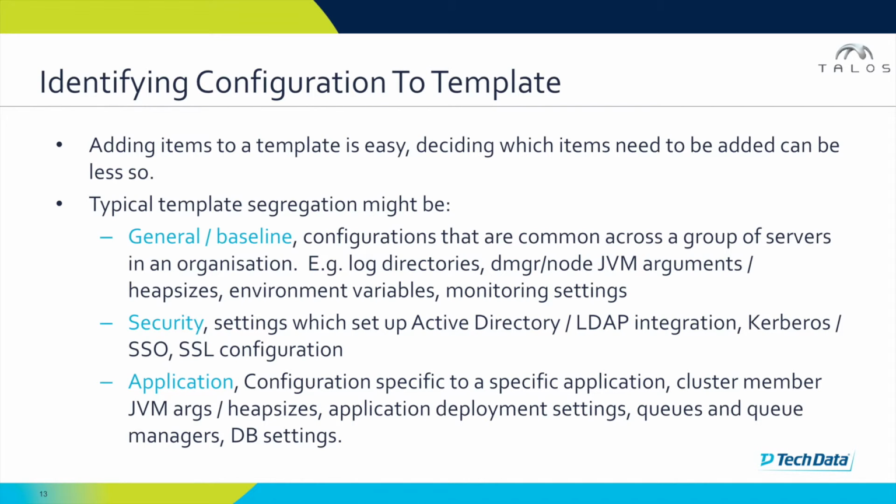So in general baseline configurations, you might be looking at log directories, JVM arguments, heap sizes, environment variables, PKI monitoring settings, things like that. They're the kind of items you need to look out for.